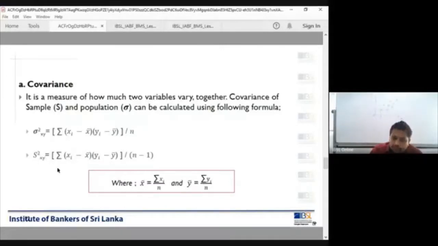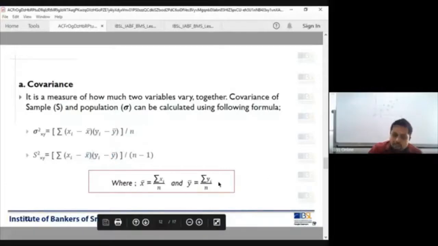Or in your example, if it is P and Q, S square for P and Q. What is meant by S square would be covariance. The sigma we discussed last week would be from i equals 1 to the nth item, simple nth item. Okay. So the x bar and y bar are nothing but the averages or means of the independent variables.